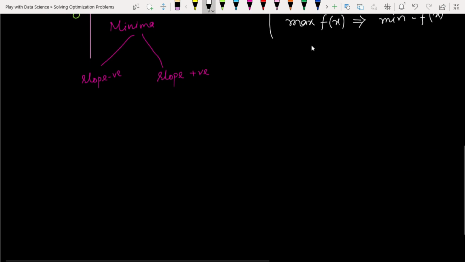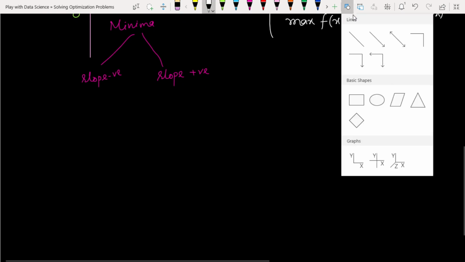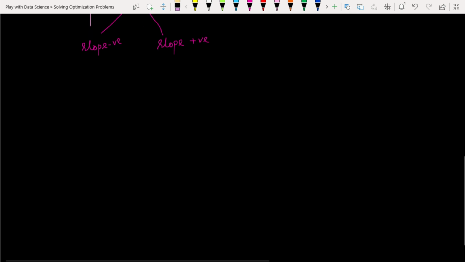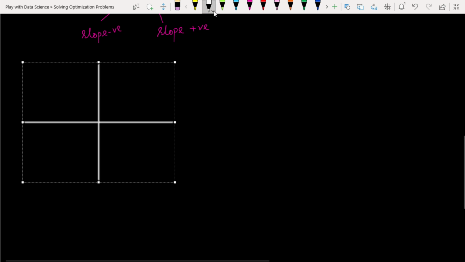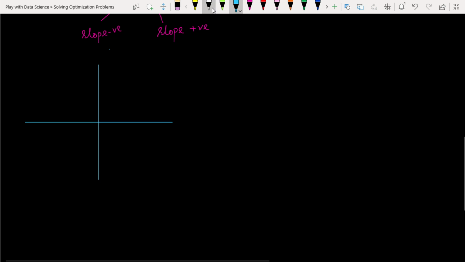Now let's come to the concept. Let me redraw the picture. This is our graph.